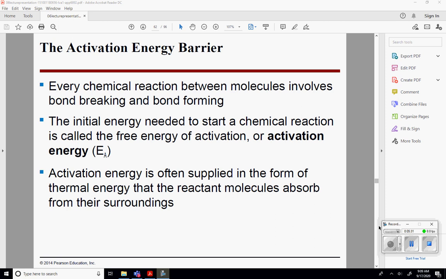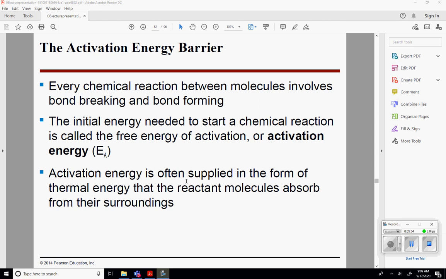Bond breaking is going to release energy, and bond forming is going to require energy. The initial energy needed to start a chemical reaction is called the free energy of activation, or in other words, activation energy. So let's get that definition down in your notes.